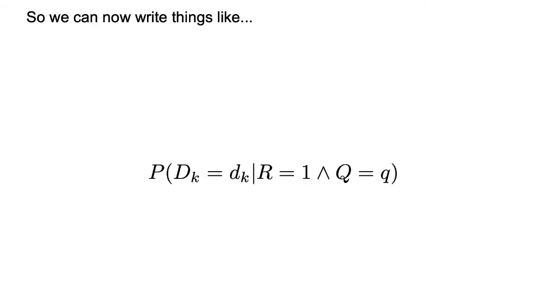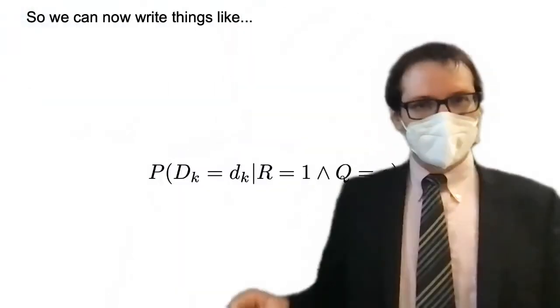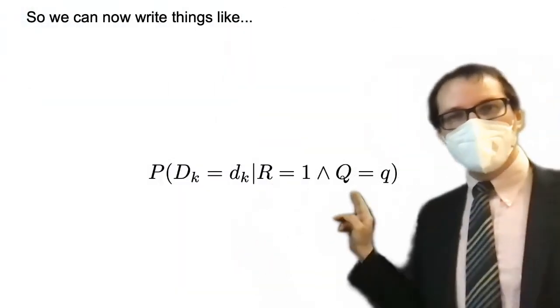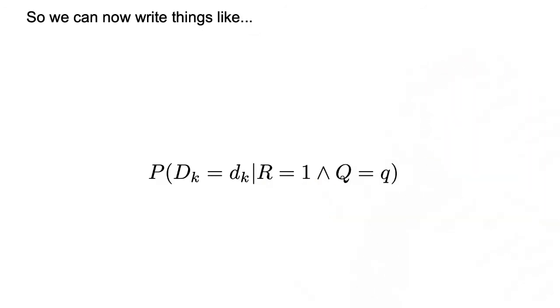Okay, so now, once we are done with that, we can start writing things like this. What is the interpretation of that formula? Can anybody tell me in plain English what this means? Anybody?